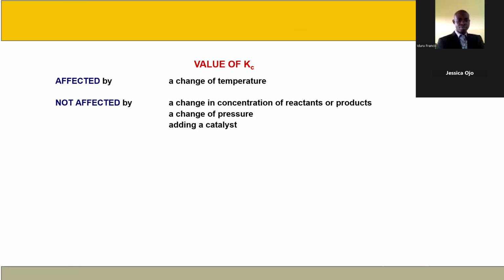So the equilibrium constant remains constant at a particular temperature, and changes when that temperature either increases or decreases. So the only factor that affects Kc is temperature. Pressure, catalyst and all of that do not affect the value of Kc. They can only affect the position of equilibrium.